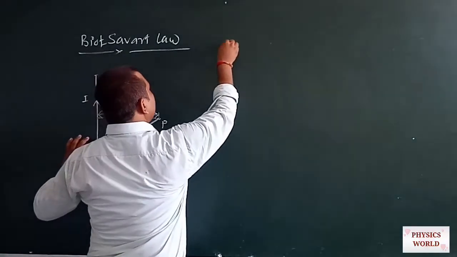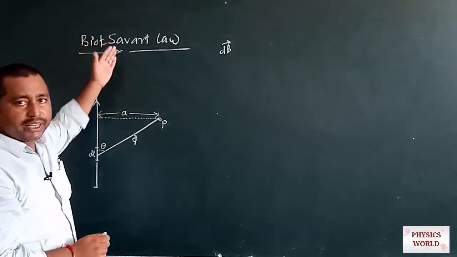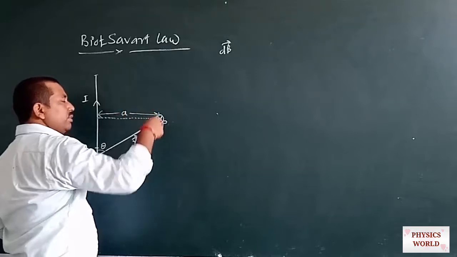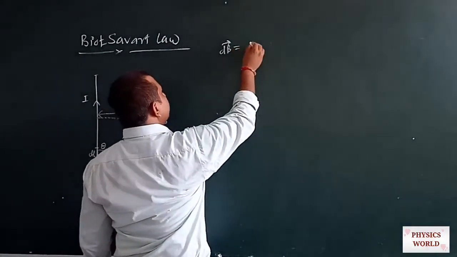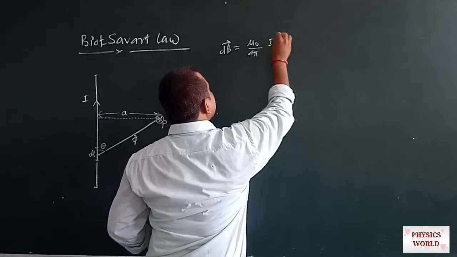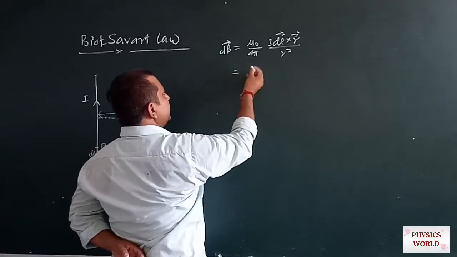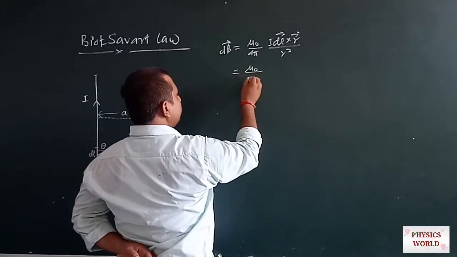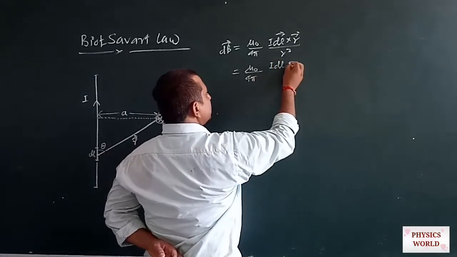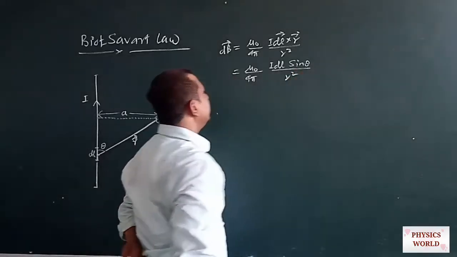The value of the small magnetic field here, since the current is going in upward direction, the magnetic field at this point will be in just inward direction. So this will be written as dB equal to mu 0 upon 4 pi I dl cross r divided by r cube. If we write it in the theta form, then we get mu 0 upon 4 pi I dl sin theta divided by r squared.